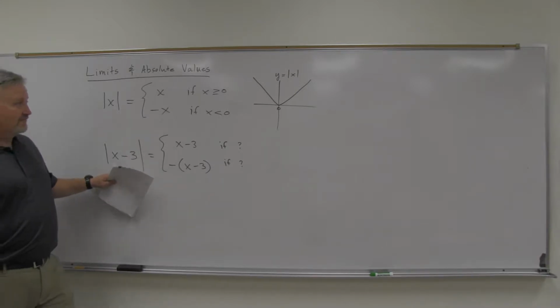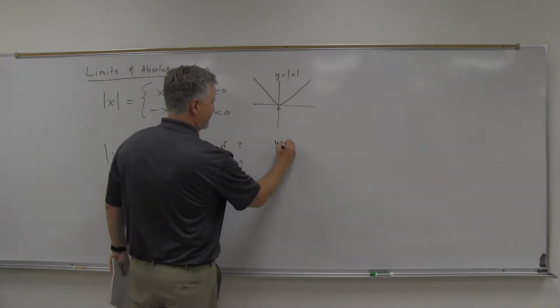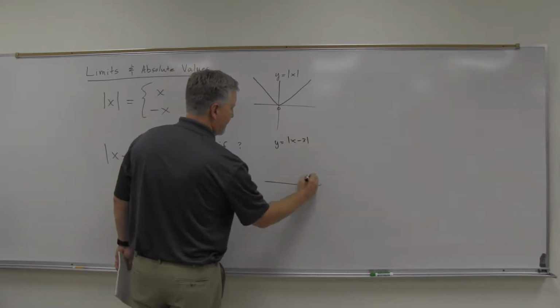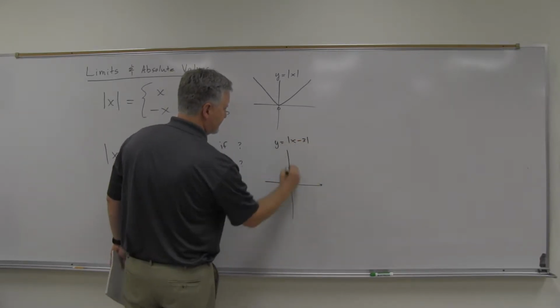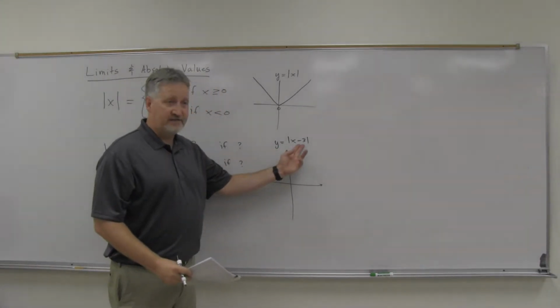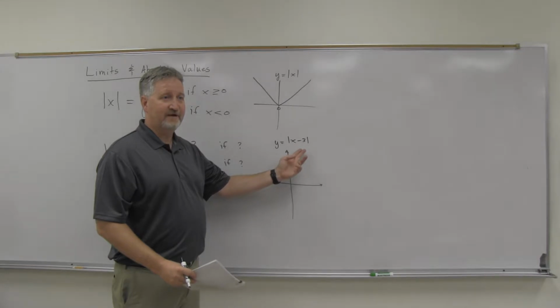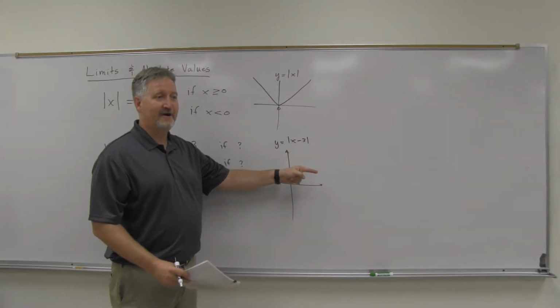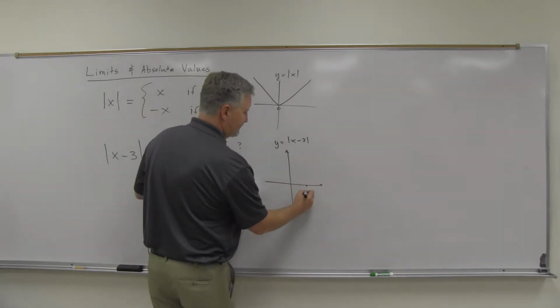When I graph this one, any thoughts? What does that one look like? Also a V shape, but if you know anything about shifting, minus 3 on the inside here, that's going to make it shift 3 units to the right. So the V happens at 3.